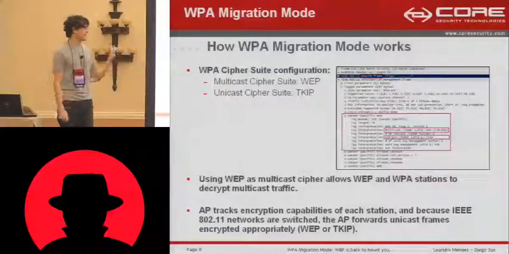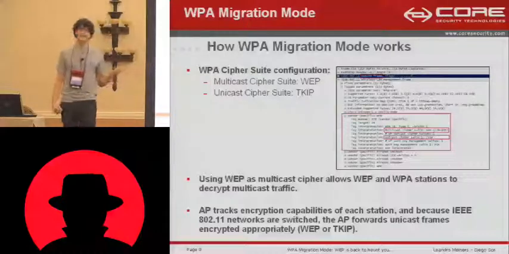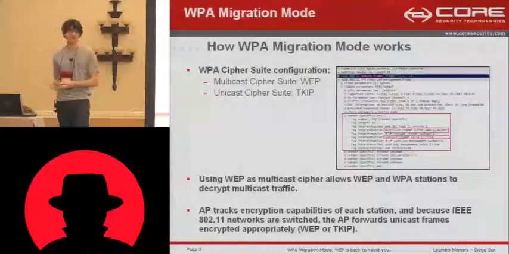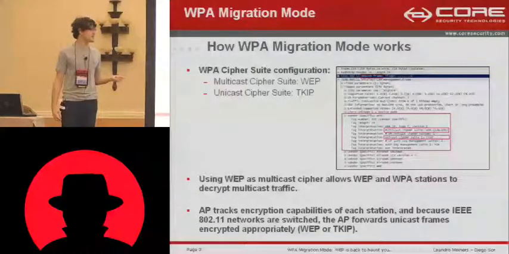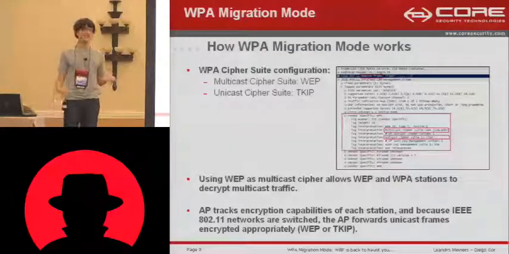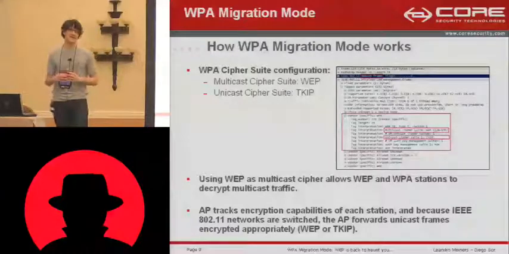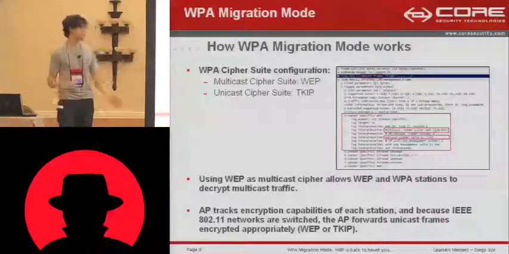Remember that 802.11 wireless, or Wi-Fi in general, is a switched network. So basically the AP forwards each packet to each station, taking into account the type of encryption the station is using. So if the station is using WEP, the unicast packet will go in WEP.